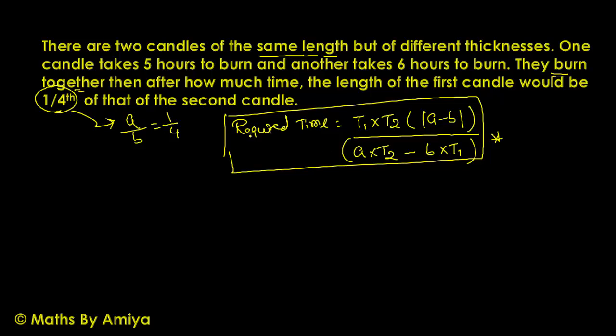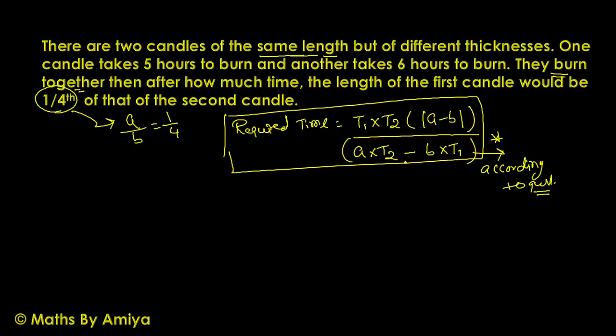Again I am repeating what the shortcut is: T1 into T2 into difference of the fraction upon A into T2 minus B into T1 with the condition. And the condition is for the denominator, I am saying check according to the question.